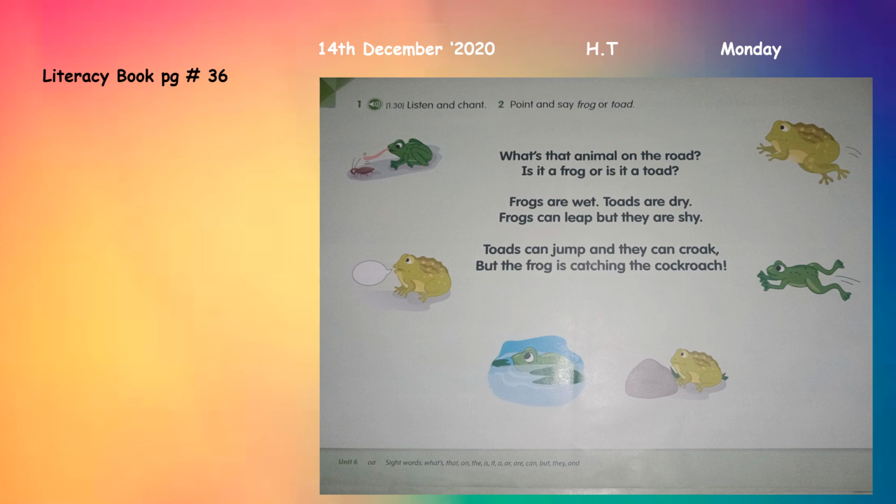But the frog is catching. Catching the cockroach. Cockroach. You have to read this story at home and you have to revise this as many times as you can.